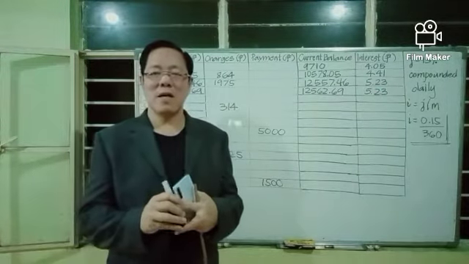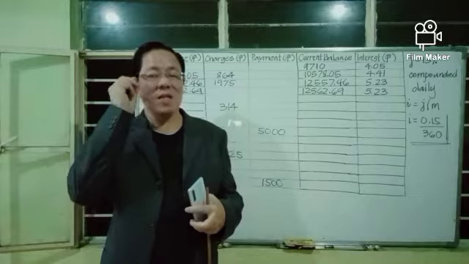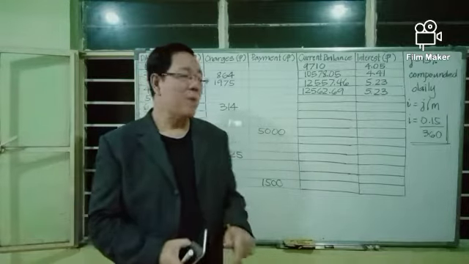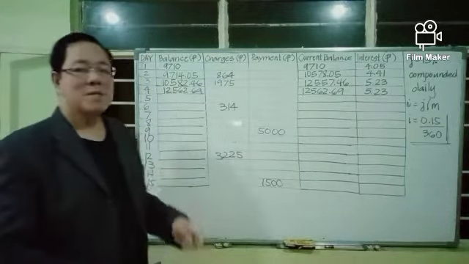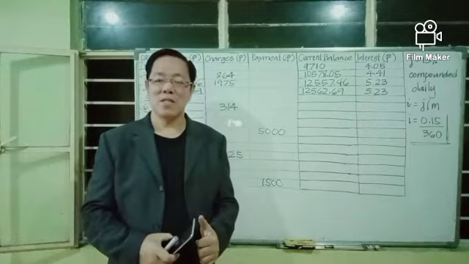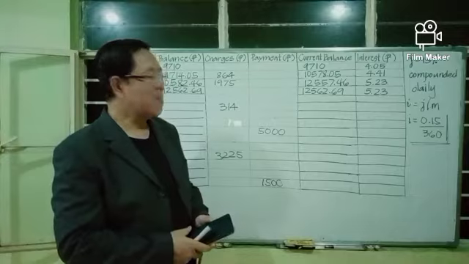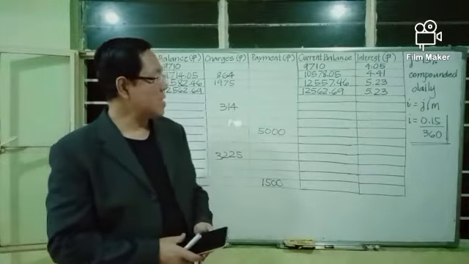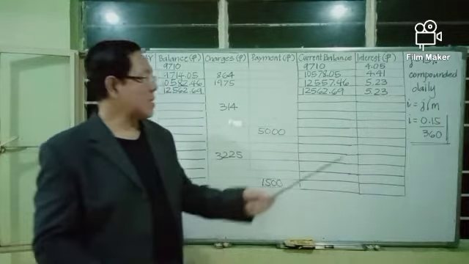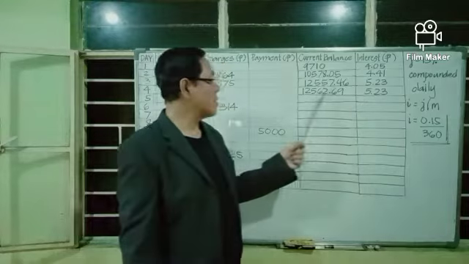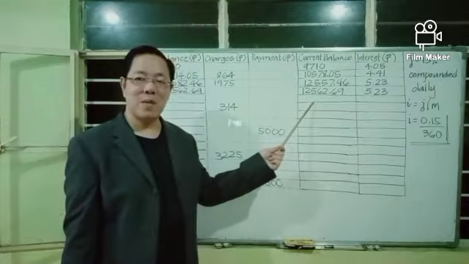Thus you can see that even if Nina did not use her credit card on November 4, interest is charged on the credit card of Nina to the amount of 5.23 pesos. And this interest on the 4th day of November will be added to the current balance at the end of November 4.